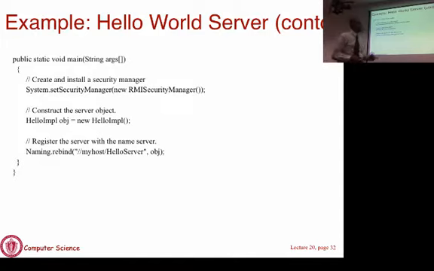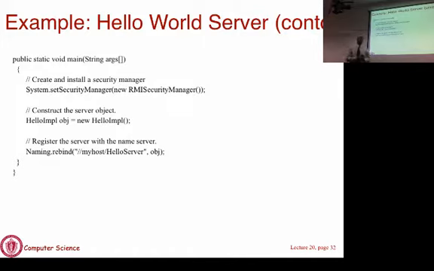If you start another server and it uses the same name, you can't register it. The name service will say there's already a server with this name, pick something else. The assumption is that on a given machine, all the server code being written is under the same administrative control, so somebody will make sure they have different names.